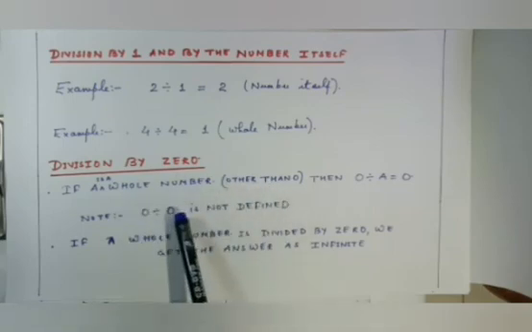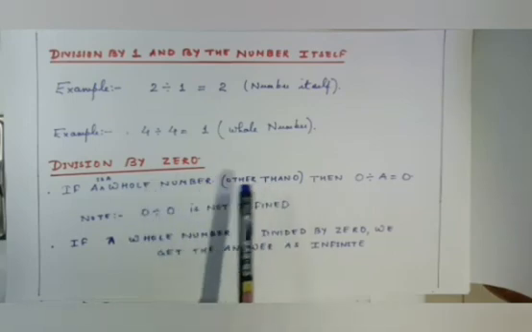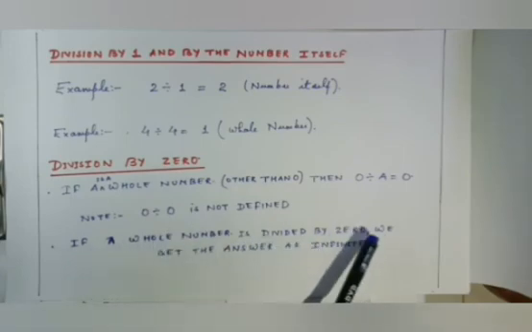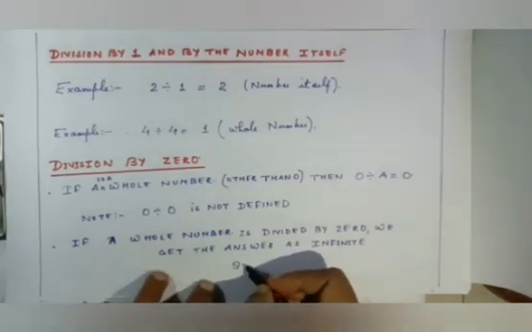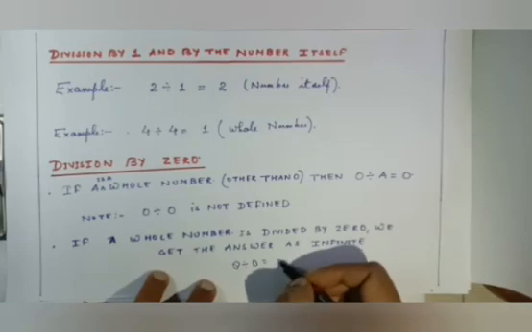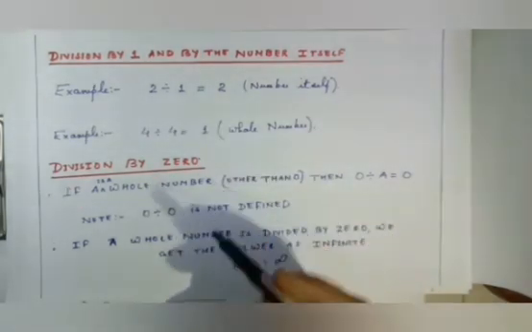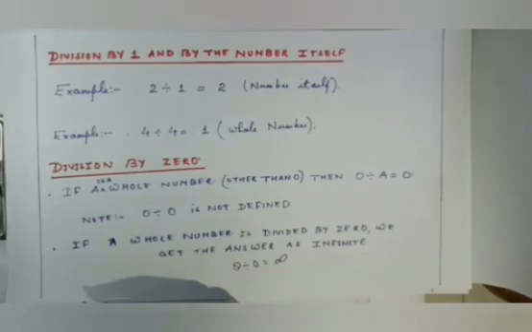If we divide 0 upon 0, it is not defined. Second case, if a whole number is divided by 0, we get the answer as infinite. Meaning a divided by 0 will be infinite. I hope all the topics are very clear to everyone.